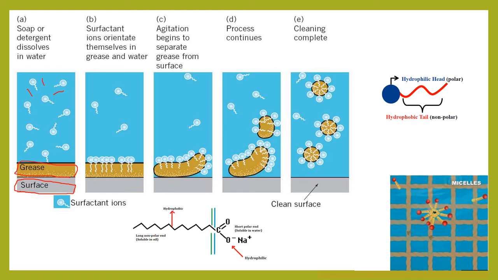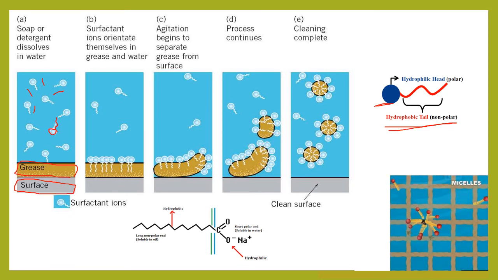You can see there are two parts of this soap particle, the head and the tail. The head part is the polar part, meaning the hydrophilic part, and the tail part is the hydrophobic part.